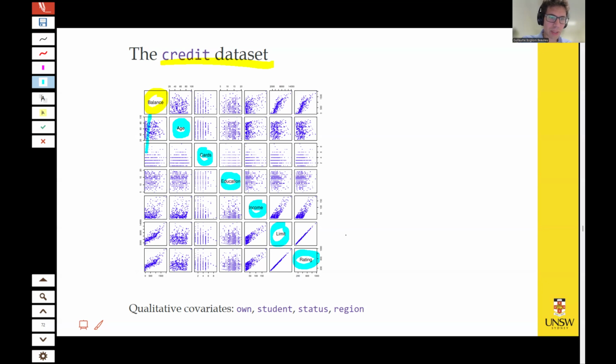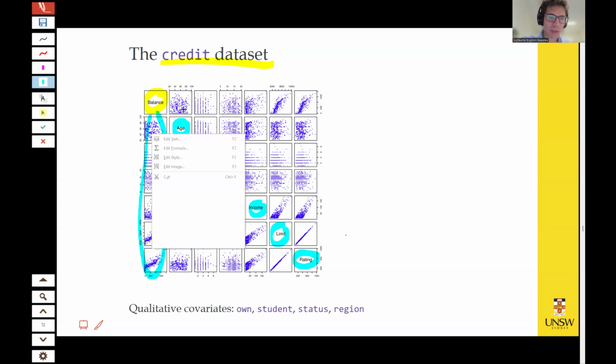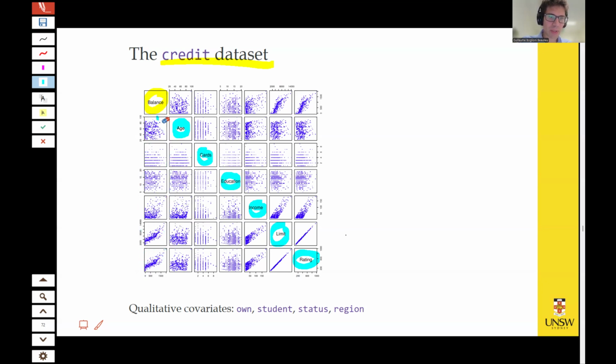You would look here, or equivalently, you can look here as well, because here you see balance against age is here, balance against cards is here, balance against education, and you see at least for those three, the link doesn't look very strong, but balance versus limit, for example, the link looks pretty strong, and balance versus rating is strong as well.